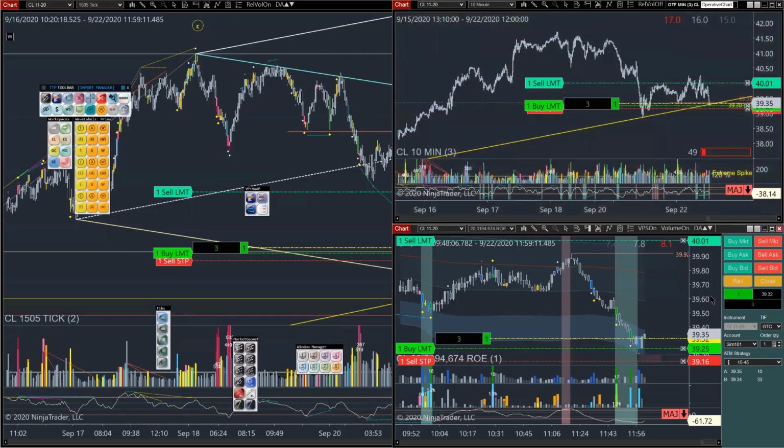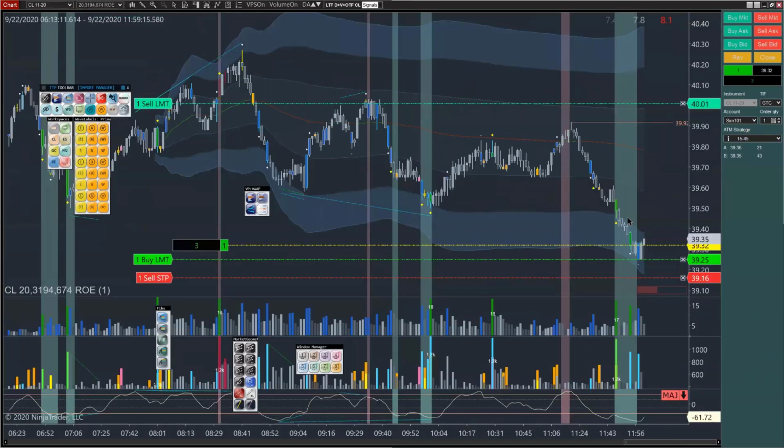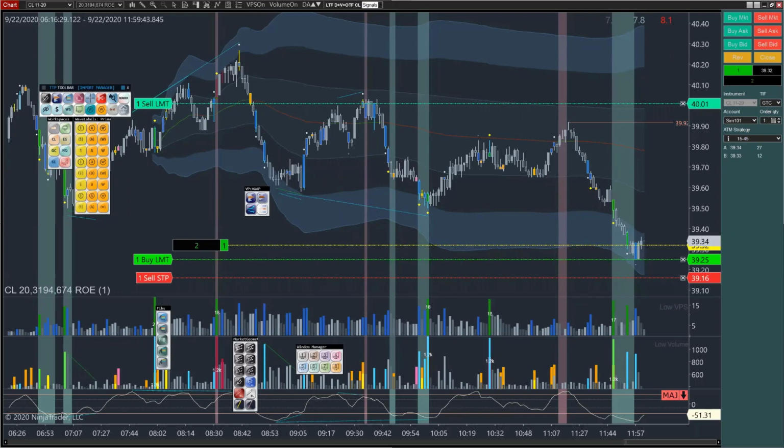Granted, it doesn't look exactly like I would want it to look. The final bar after which I went long does no longer have the long signal. So the chances of this working out are a little lower than normal, but still high enough that I'm willing to take that risk.